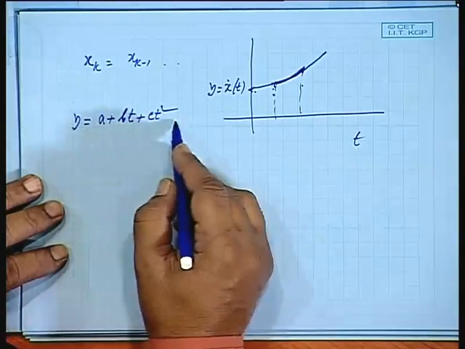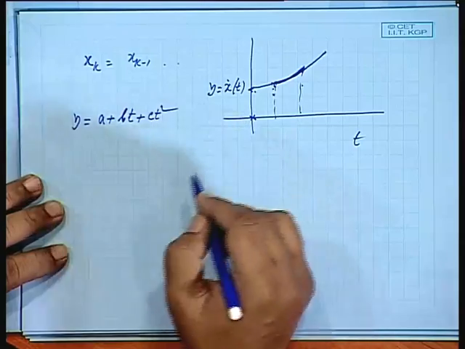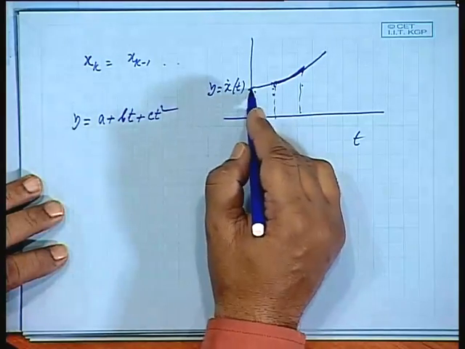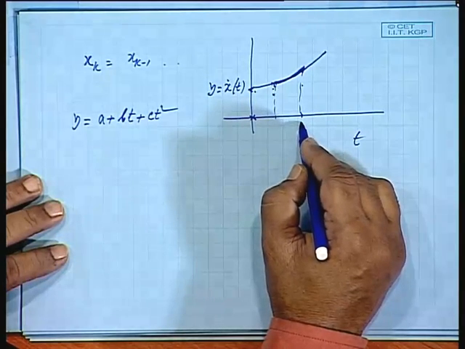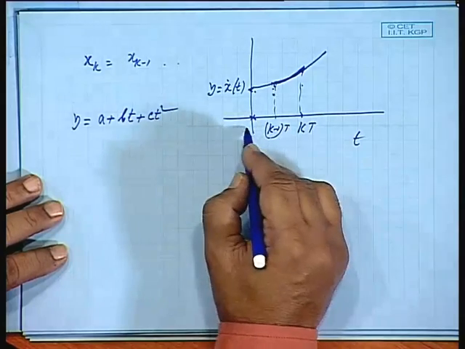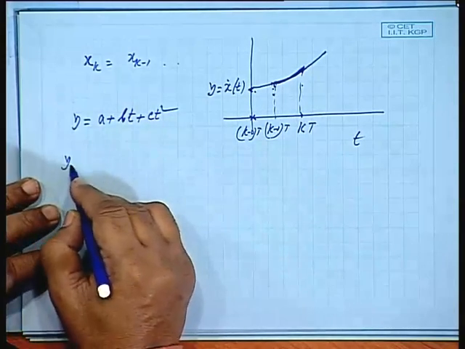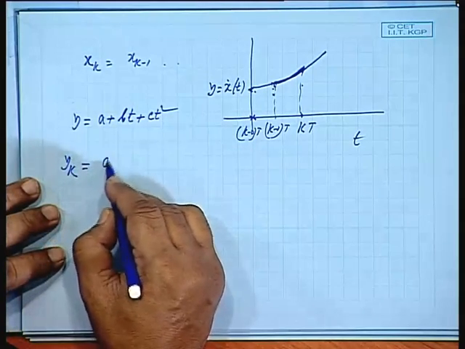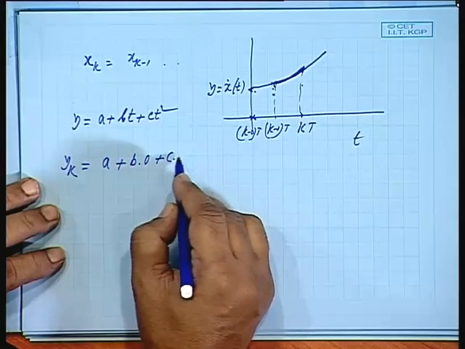So, if we fix our origin here, that is at t equal to 0, y is equal to say y k minus 2, this is k t, this is k minus 1 t, and this is k minus 2 t. So, y k is equal to a plus b into 0 plus c into 0.